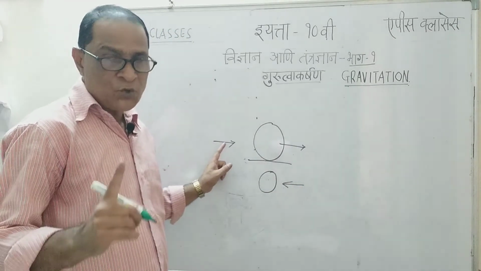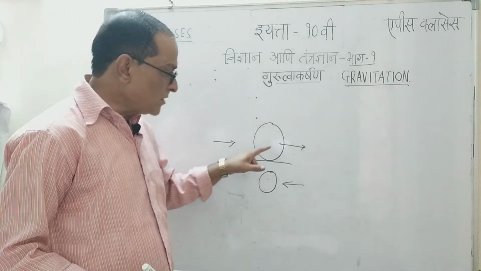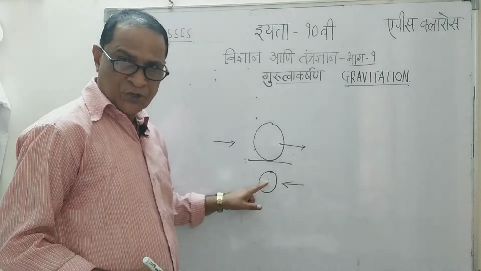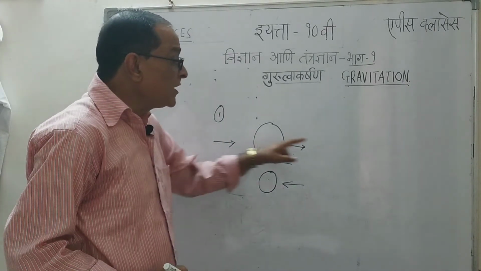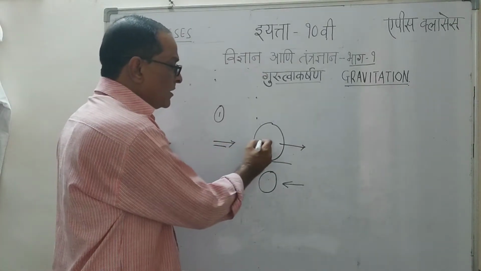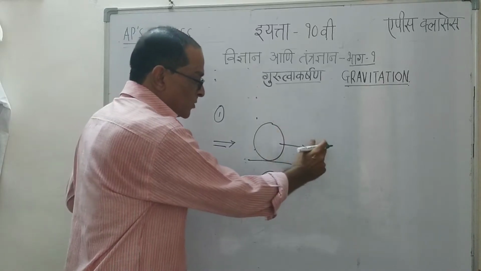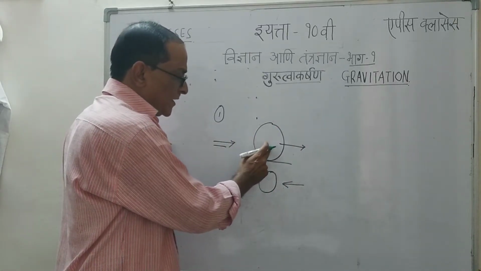So we have seen two effects of force on motion: to start the motion and to stop the motion. Not only that, it can increase the speed. If the force is increased, the speed of the object increases. If the force is less, the speed will decrease.